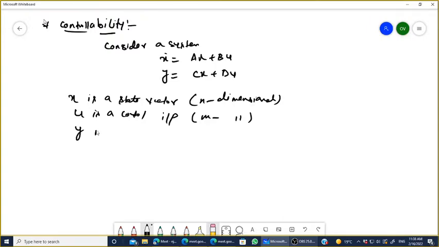And finally y is your output vector, let's say p dimensional. Okay.